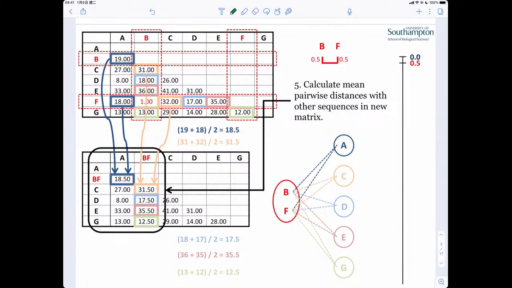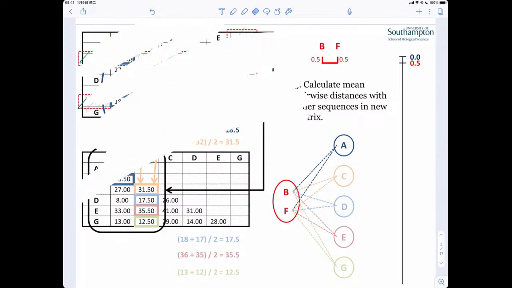Basically, we remove the B column and F column, and the B row and F row, because these 2 points are already combined together, and you create a new row and a new column, which I simply write as BF.